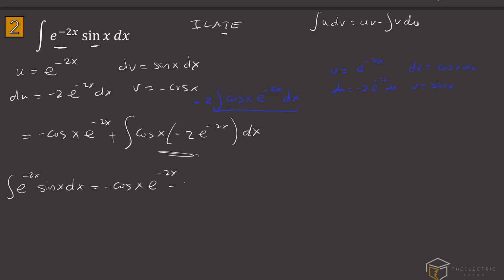Now we have a minus 2 being multiplied by all of this blue thing. So uv, that's sine x e to the minus 2x, minus the integral of v du, so minus 2 sine x e to the minus 2x dx. Before we move on, I'm going to quickly distribute that 2.